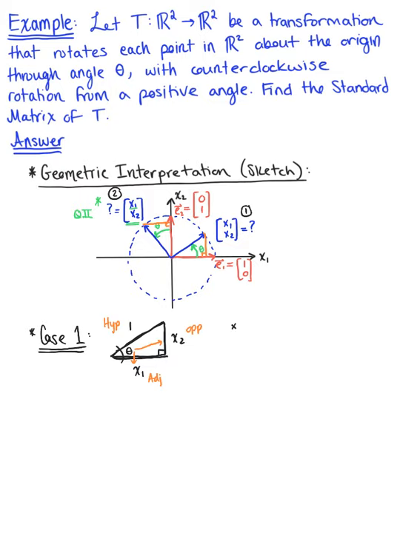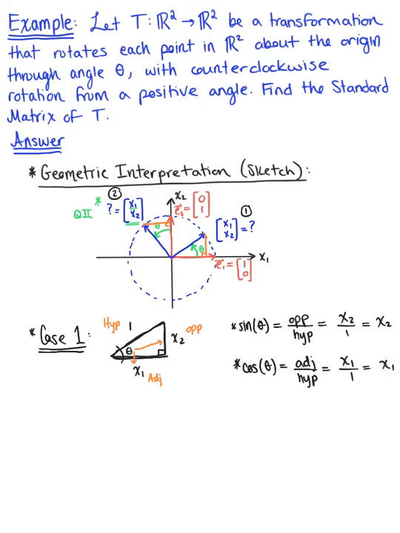Now, using a little SOHCAHTOA, we know that sine of theta is the opposite side by the hypotenuse. The opposite side is x sub 2, hypotenuse is 1. There's your x sub 2 component. Now we know by SOHCAHTOA that cosine of theta is defined as the adjacent side by the hypotenuse. The adjacent side here is x sub 1, hypotenuse is 1.